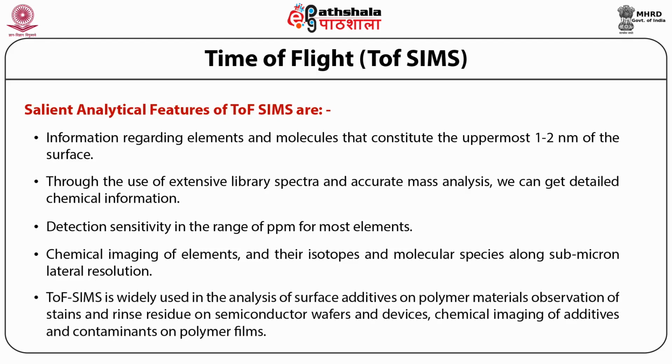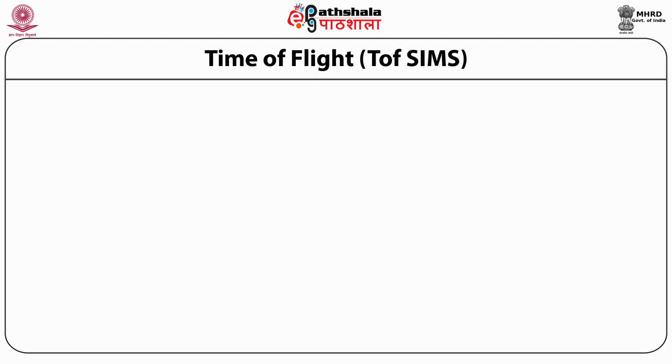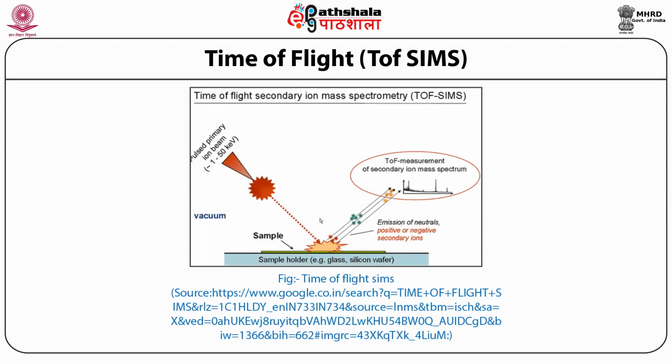Time of flight SIMS is widely used in the analysis of surface additives on polymer material, and observation of stains and rinse residue on semiconductor wafers and devices. Chemical imaging of additives and contaminants on polymer films can be very conveniently obtained with the help of time of flight SIMS. The working of time of flight secondary ion mass spectrometry has been illustrated.